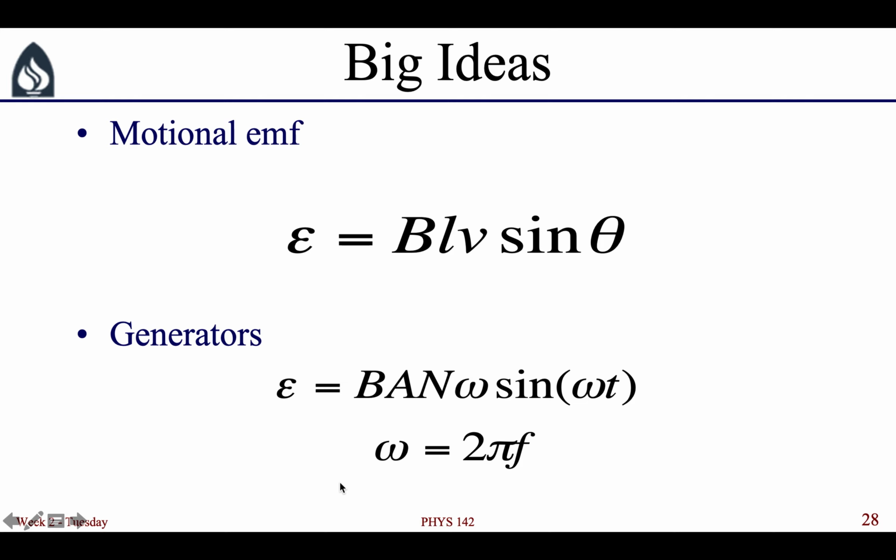We also looked at motional EMF, how if you push a conductor through a magnetic field, then there will be a voltage generated across that conductor, and if the conductor is hooked up to a larger circuit, there can be a flow of current in that circuit, and then how that principle can be applied to generators, which naturally produce AC voltage or AC current, and that's how power is generated in most cases.